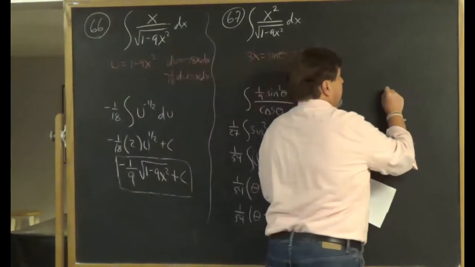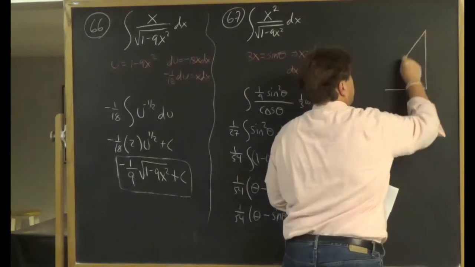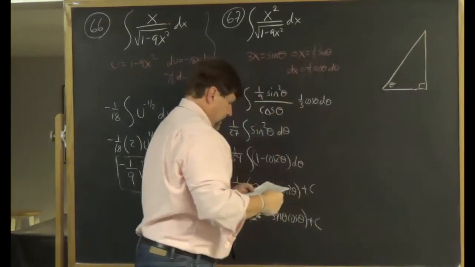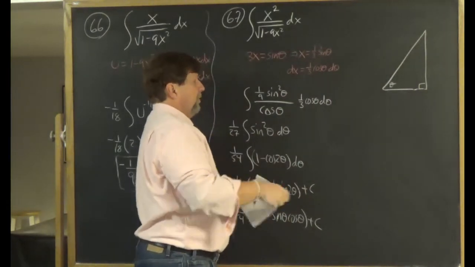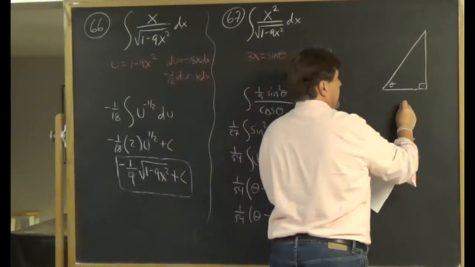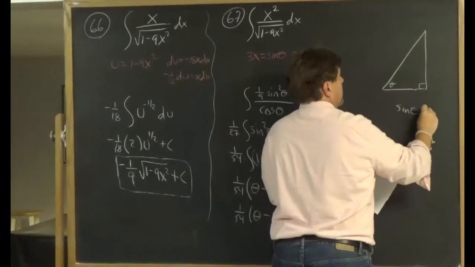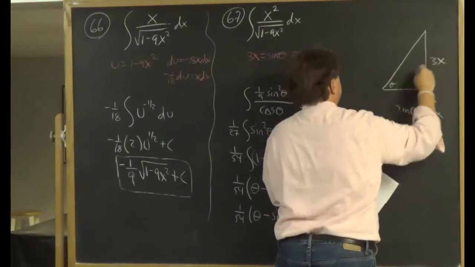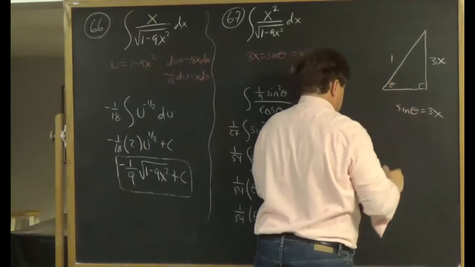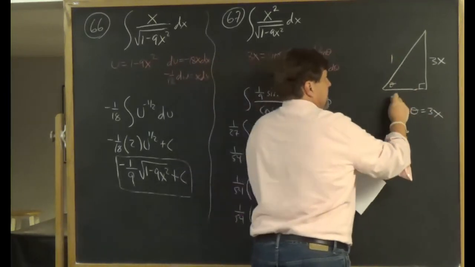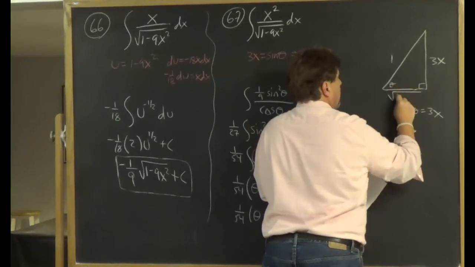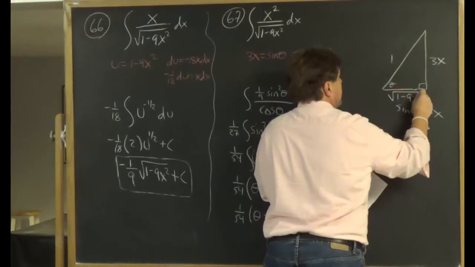Trig sub, so I come over here and I get my right triangle. And let's see, we did 3x is sine theta. So sine is opposite over hypotenuse. Oh, the missing side, square root of 1 minus 9x squared.